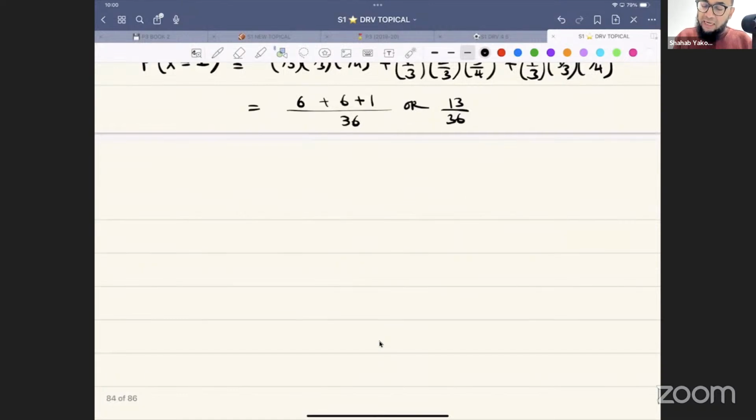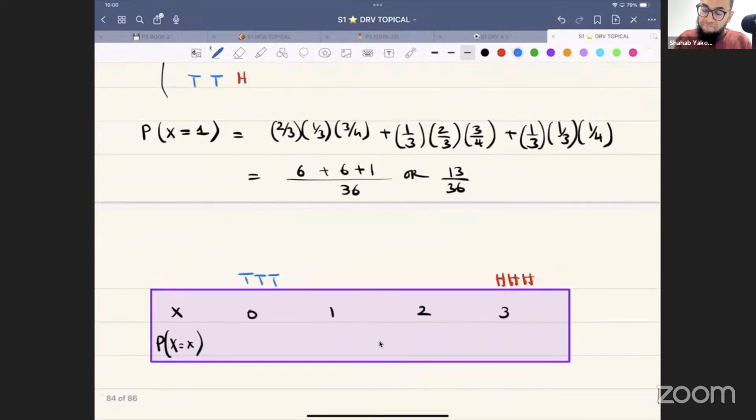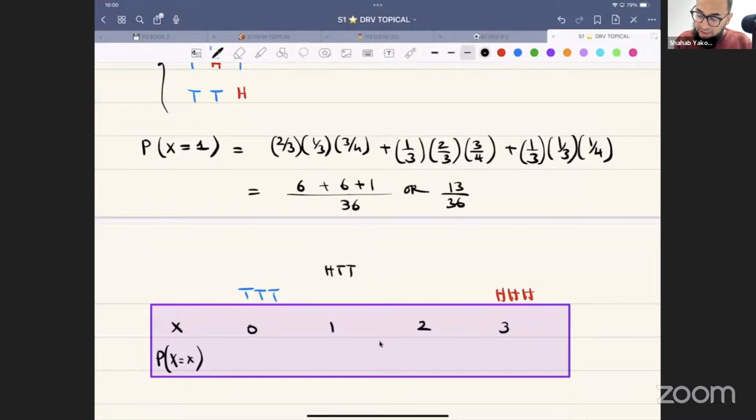Now let's make up a table because it's almost done. This is x, this is the corresponding probability, this is 0, 1, 2, 3. This is 3 heads. 0 heads is 3 tails. 1 head is this thing: HTT, THT and TTH.